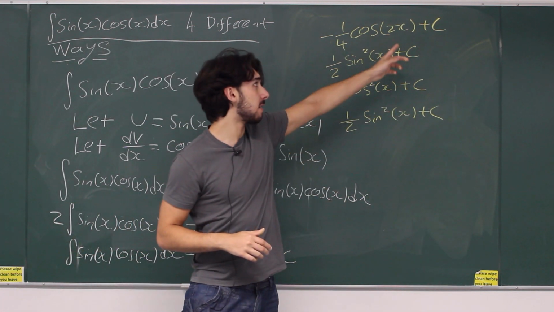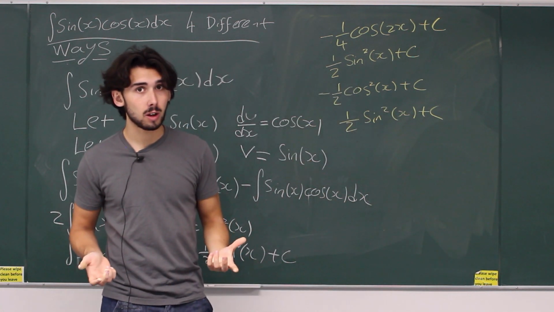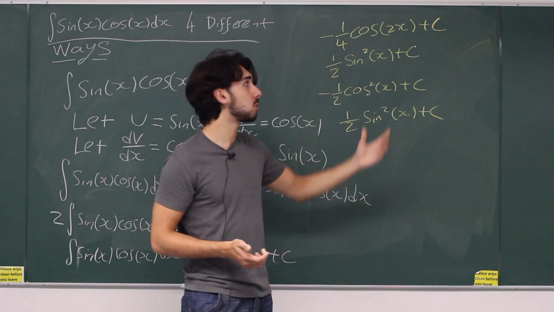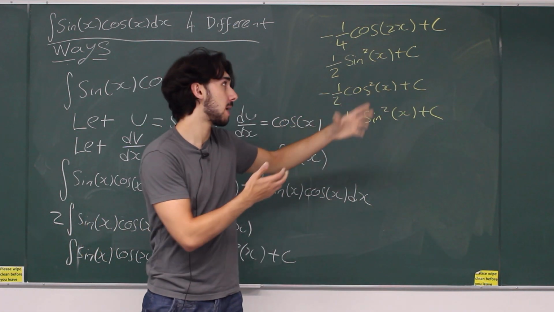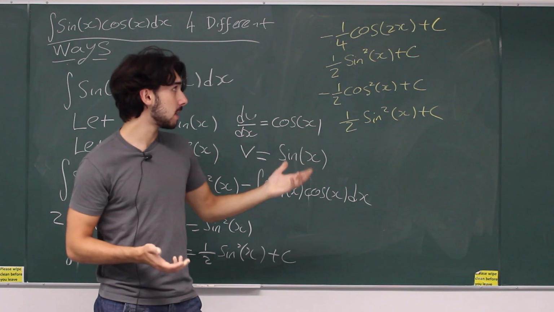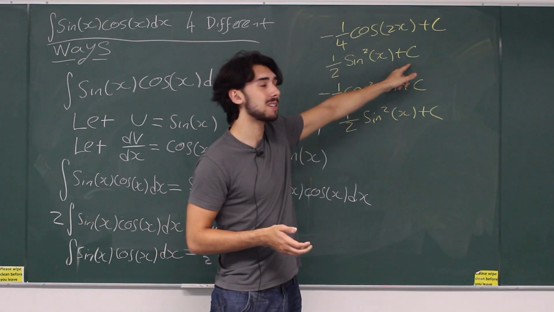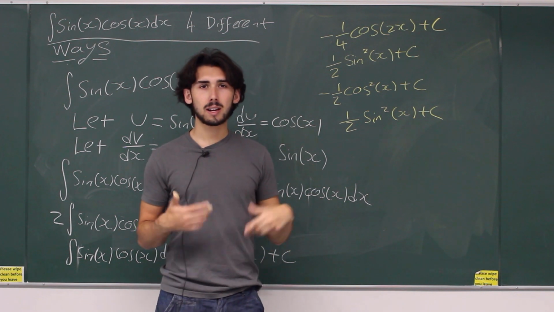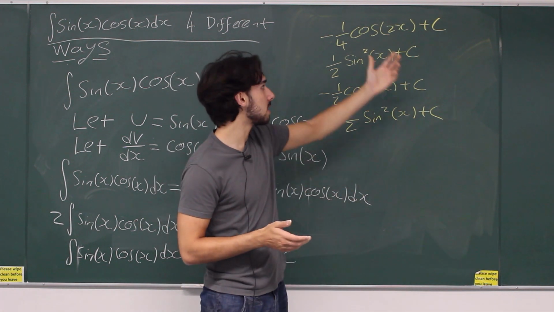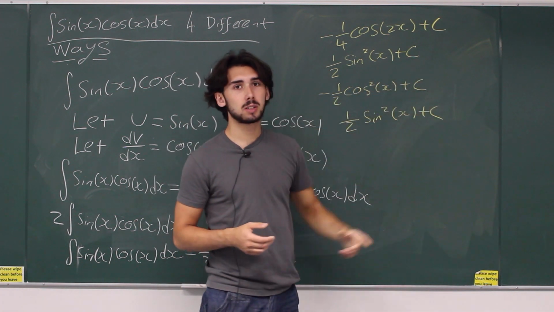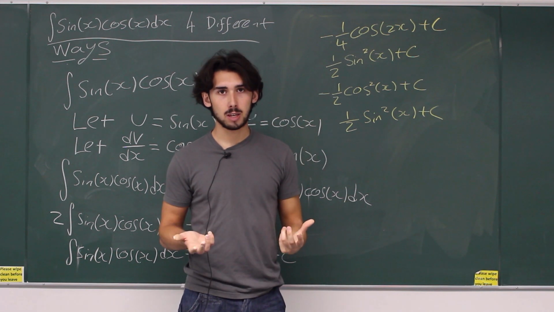And by the way, these values of c are different to each other. So all I have to do is choose the correct values of c with respect to each other in order for them to be equal, because I've given myself that freedom of saying, aha, but I have a plus c, I can choose what c is. I can make c be such that these are equal. But if there is no plus c there, they are never equal.